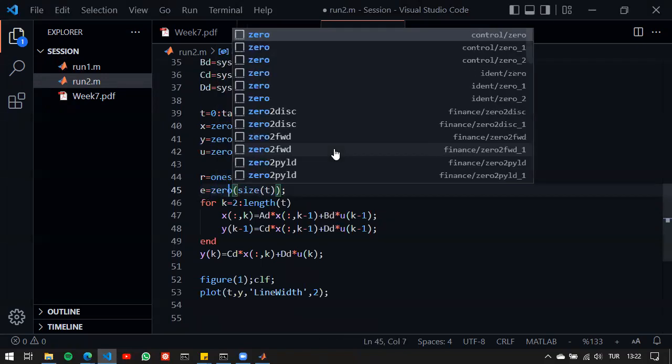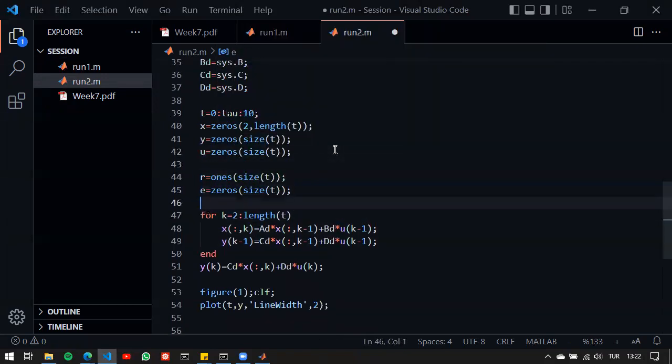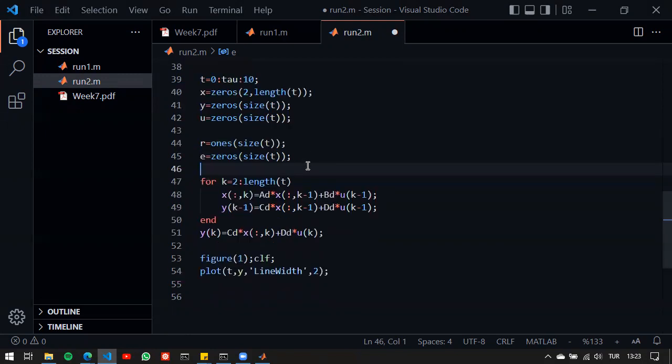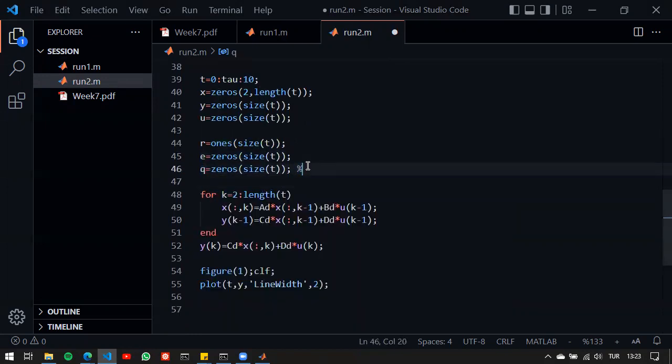So let's have zeros. And then we also need the integral of the difference between r minus y, because ki times that should give us the one portion of the control signal here. Therefore, let's define another variable. Let's call it q, which is the integral term. So the output of 1 divided by s.